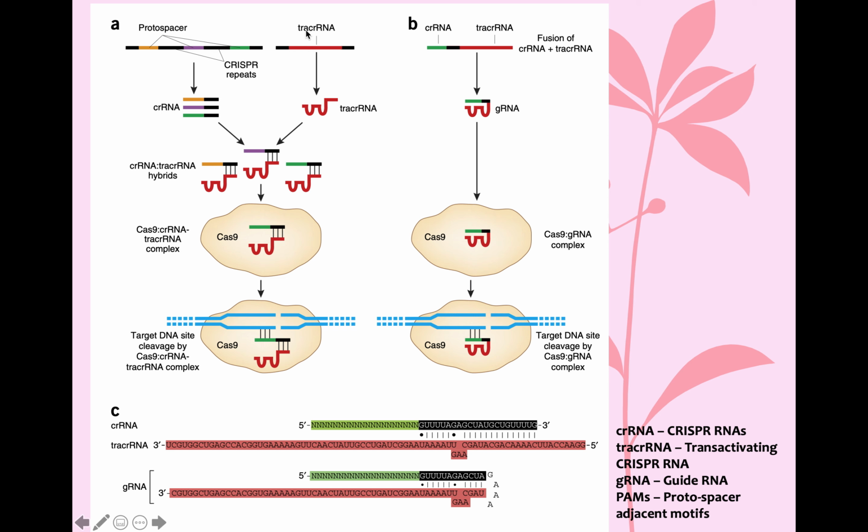It also has tracrRNA, which is trans-activating CRISPR RNA. The tracrRNA guides your crRNA, or CRISPR RNA, into the system, whereby a CRISPR-Cas9 complex will form, and this complex will recognize the specific sequence to be cut, and it will bind to it.